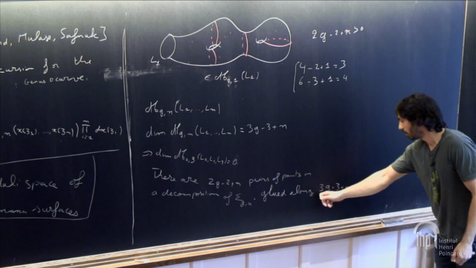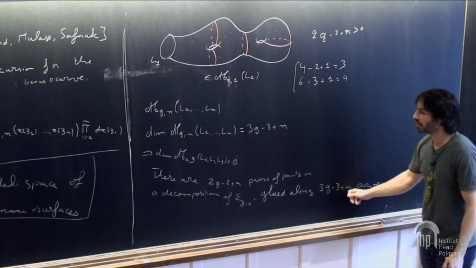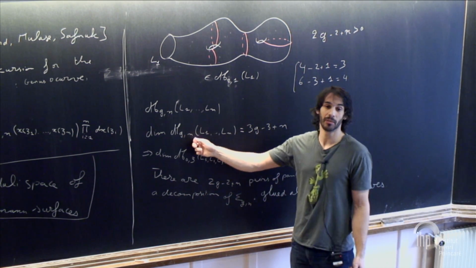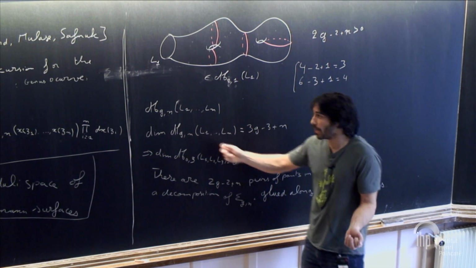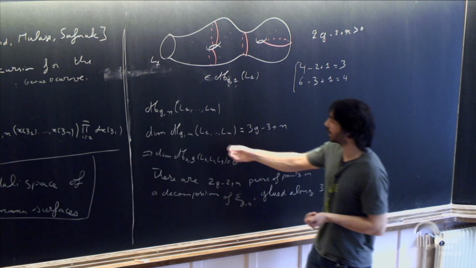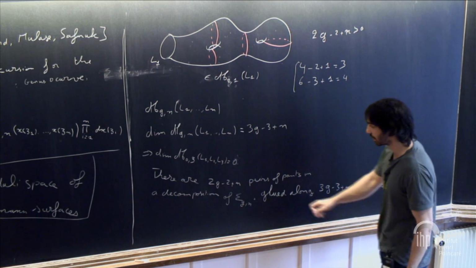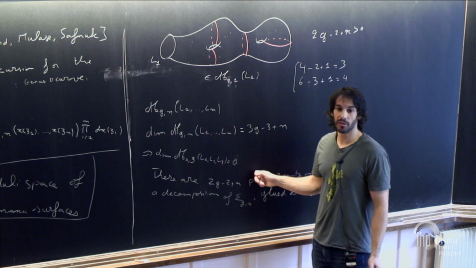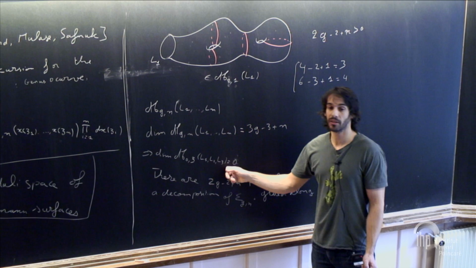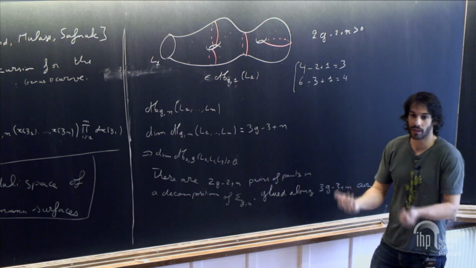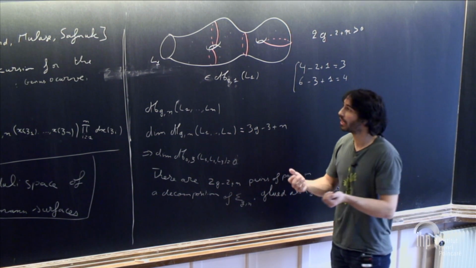Now, you see that this 3G minus 3 plus n is actually equal to the dimension of this moduli space. The idea behind that is that in order to get an element here, I just need to take 2G minus 2 plus n pairs of bands. For choosing any of them, I've got a dimension 0 space, so I don't have to bring much information there.